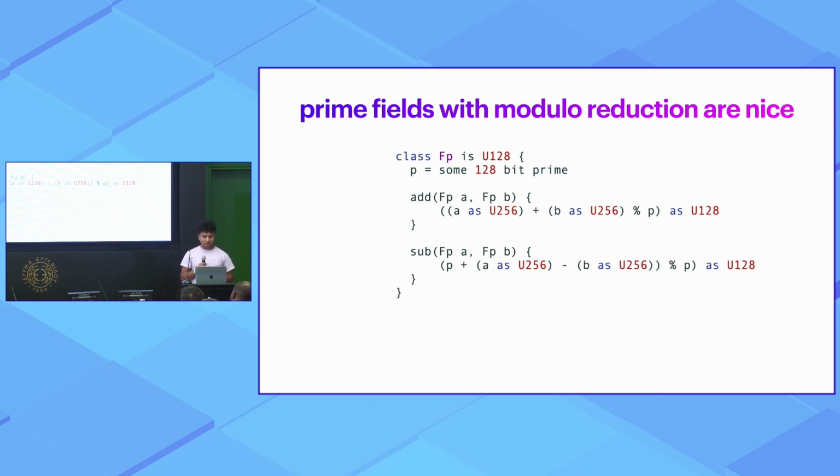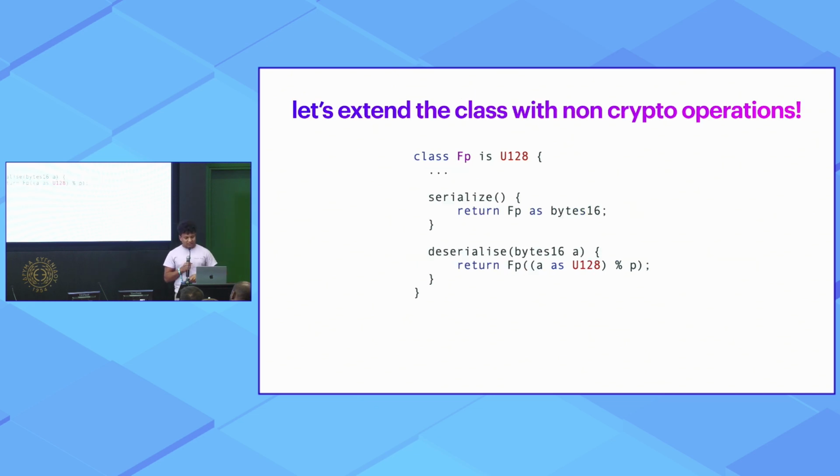This is quite simple, and if you find some definition somewhere, this is probably how it's going to be written. But then let's add some more engineering functions to this implementation, things that a cryptographer would probably not mention in his paper. Let's add serialize and deserialize. We want to use a byte 16 for serialization and deserialization.